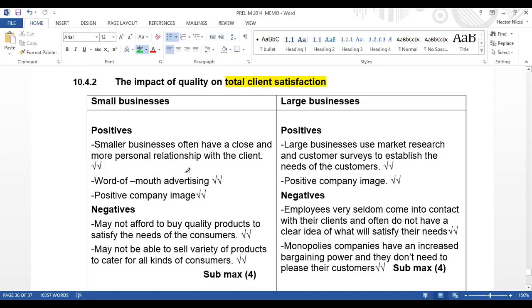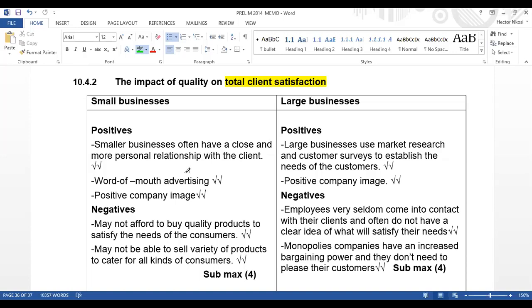If I tell you, down the road they sell nice hot dogs, and when you get there and buy the hot dog it's very nice, you refer another friend, and the friend refers another one. That's what we mean by word of mouth advertising. Then there is a positive company image, which is very positive when it comes to total client satisfaction.